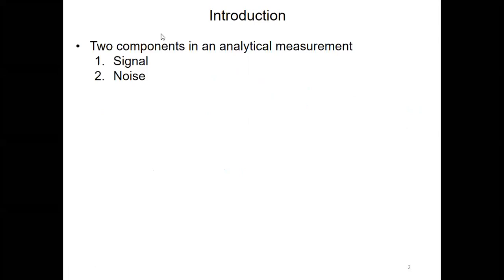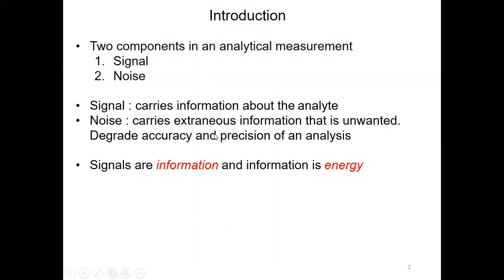As I mentioned, signal and noise are the two important components in any analytical measurement. The signal contains all the information that we are interested in. It has the useful information about the analyte that we need to analyze.